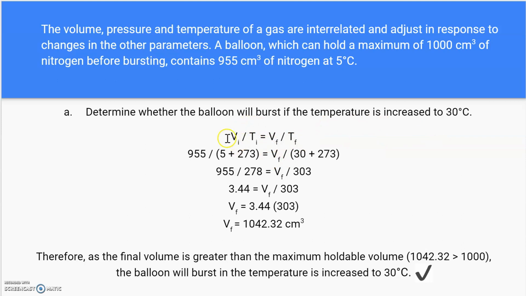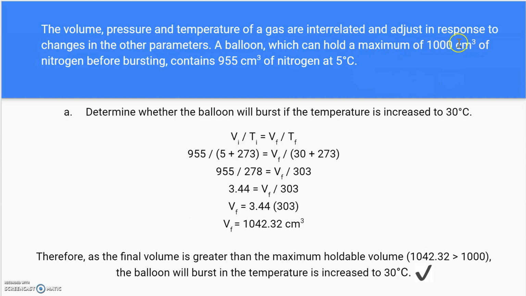So without further ado, let's just plug in the numerical values we have and solve for that final volume. We are given an initial volume of 955 centimeters cubed, and one might ask, hey, why aren't you transforming to decimeters cubed? And that is a totally valid question. However, it's important to note that our final answer of whether the balloon bursts or not is going to be based on data that is given to us in the unit of centimeters cubed.